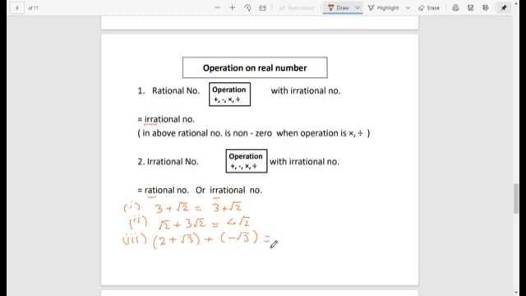So we can get it here like this, 2 plus root 3 minus root 3. Here root 3 and root 3 get cancelled, so we'll get 2. So here 2 plus root 3 was an irrational number. We perform the operation plus with another irrational number minus root 3. So we are getting 2, which is a rational number.